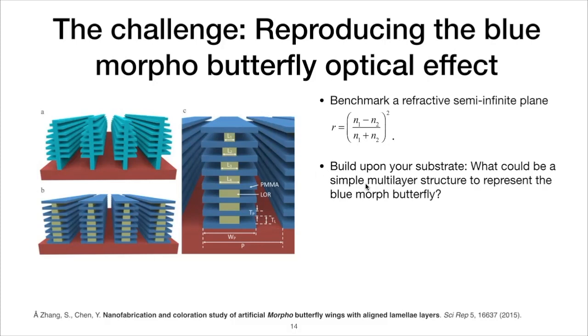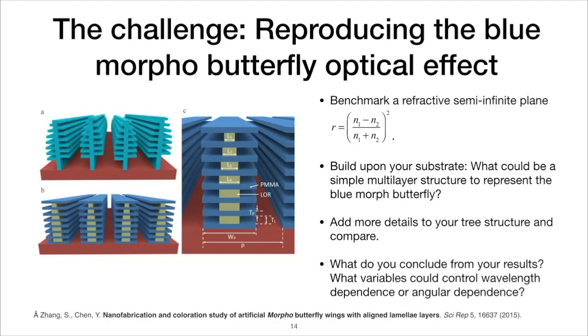That could be a simpler structure to start with, and we can solve for the reflection coefficient and get the results, and compare them to the results in the paper.